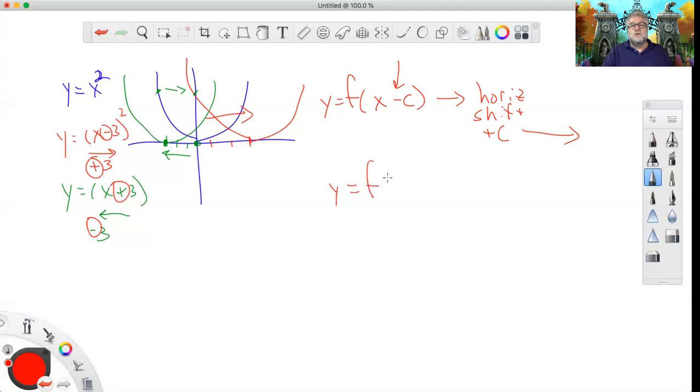And y equals f of x plus c is going to cause a horizontal translation, a horizontal shift of negative c, so it's going to be in the negative direction.